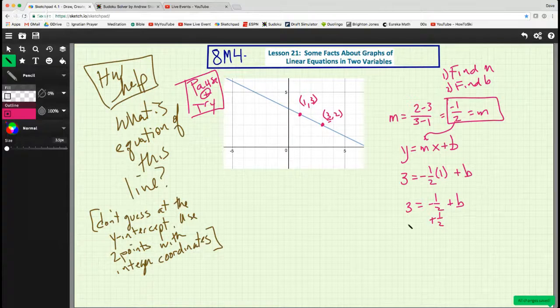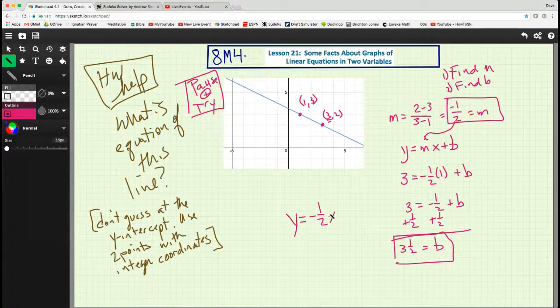Add a half to both sides. 3.5 equals b. So our answer is y equals -1/2 x plus 3.5.